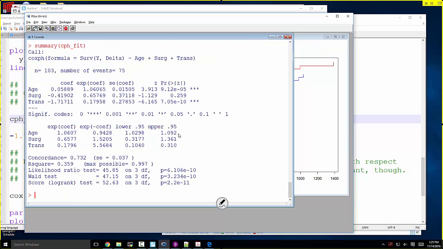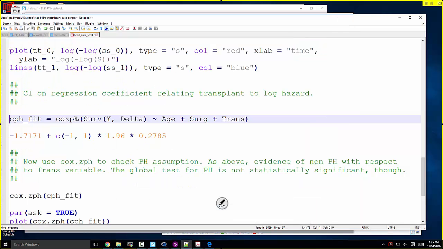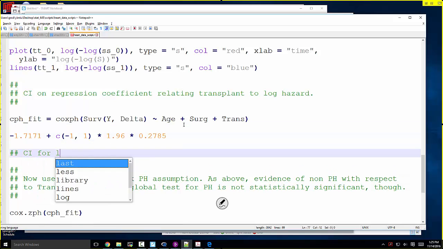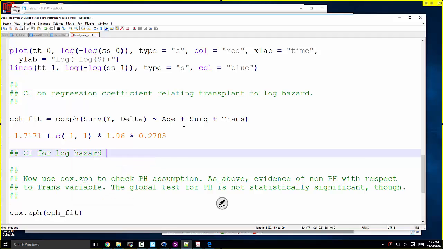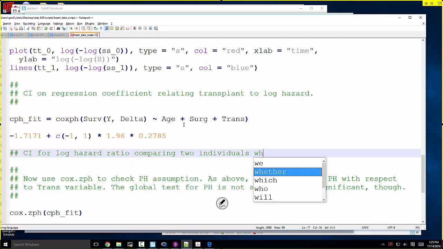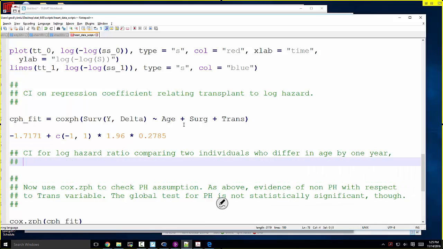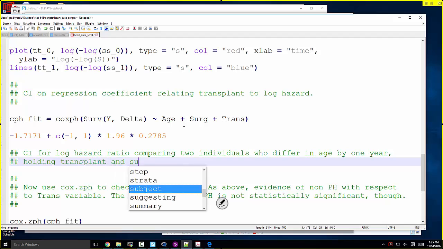then if you wanted, say, a confidence interval for the log hazard ratio comparing two individuals who differ in age by 1 year, holding transplant and surgery constant.